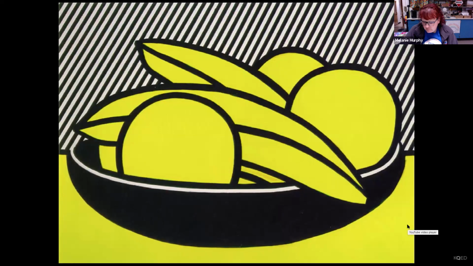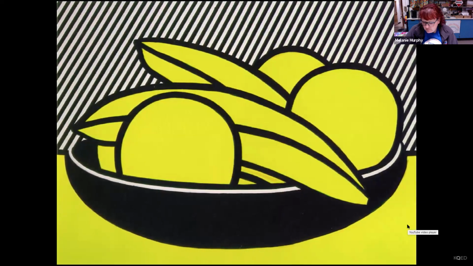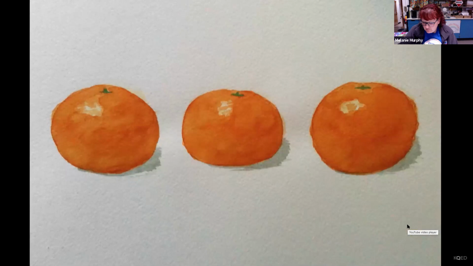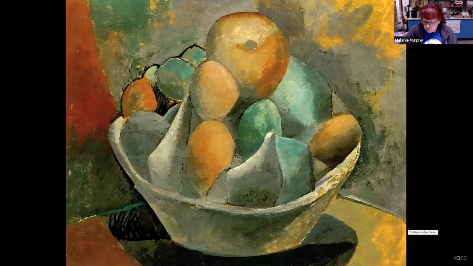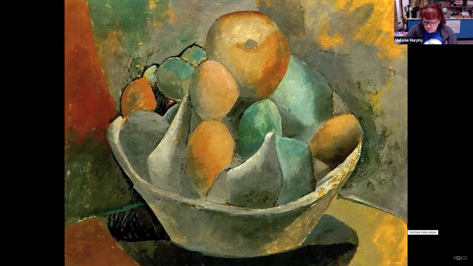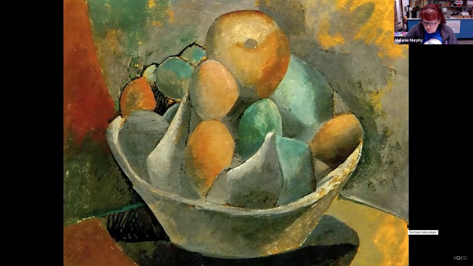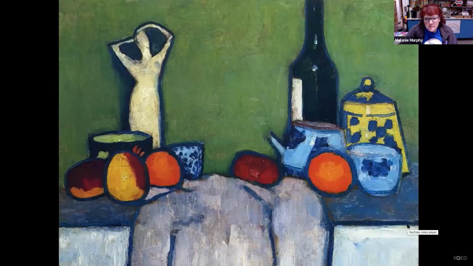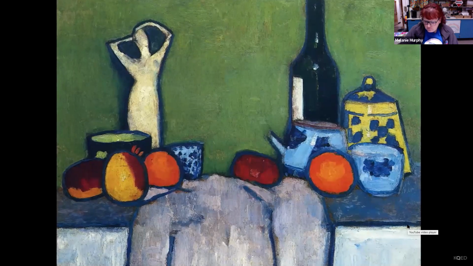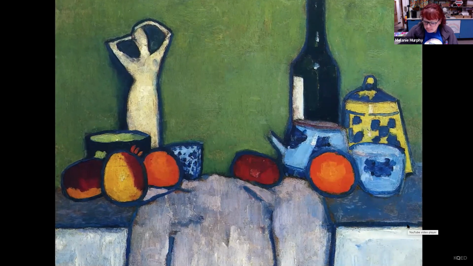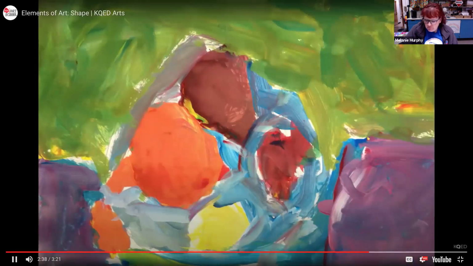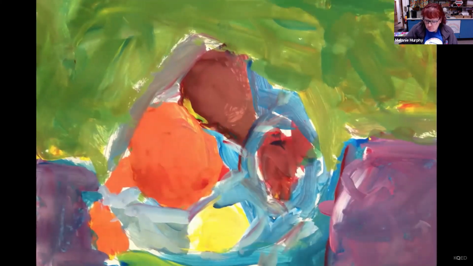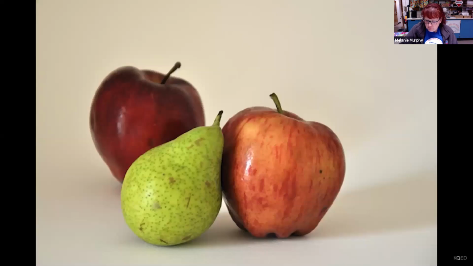Some artists make oranges that are perfectly round, while others draw or paint every little bump and detail of the skin. The next time you're looking at a painting or drawing, try to notice how the artist is using shape in their work. If you were making a drawing or painting, how would you interpret the objects in front of you? Would you draw them as faithfully as possible? Or would you choose to represent them more abstractly? Practice for yourself by setting up a bowl of fruit and drawing what you see.